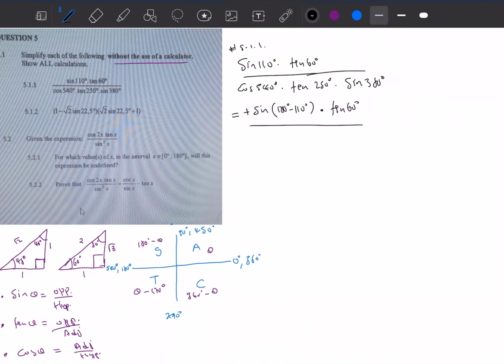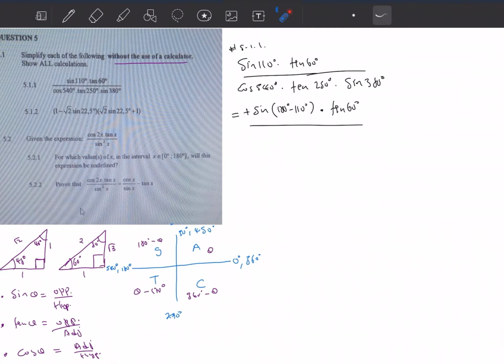And then cos 540 again. This is why I wanted to extend this all the way to here, because now we have 540. 540 is the same as 180. So cos 540 is equal to cos 180 in principle.